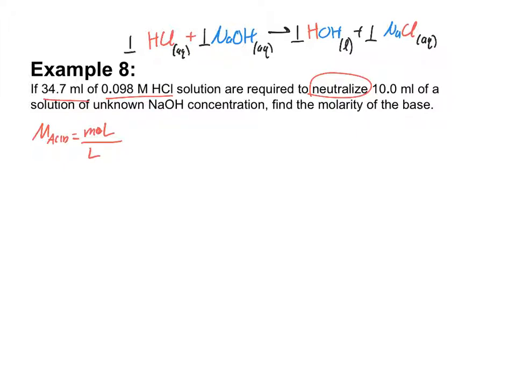In this case, the 0.098 molar HCl will equal moles of HCl over, and this is in milliliters, so we have to change it to liters, 0.0347 liters. So I'm going to take 0.098 times 0.0347, and I get a value for my moles to be 0.0034 moles of acid, according to sig figs.